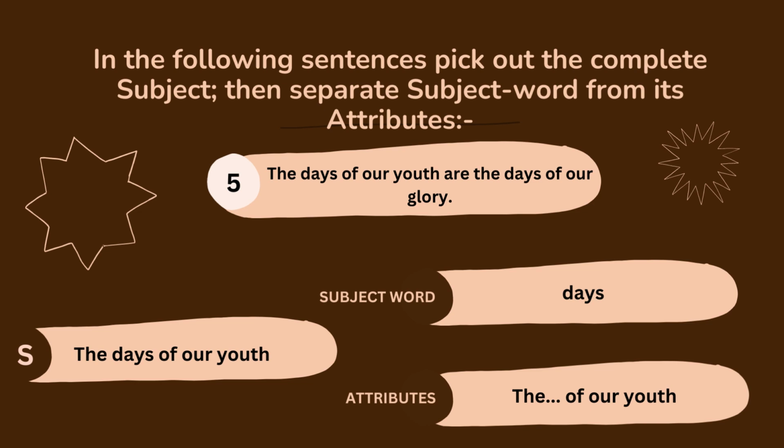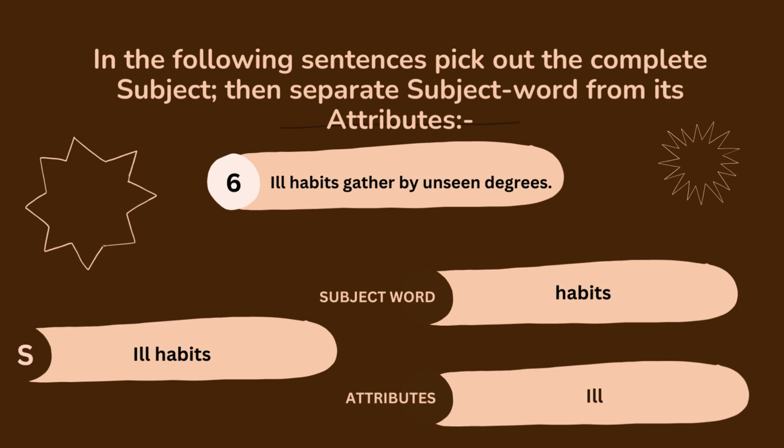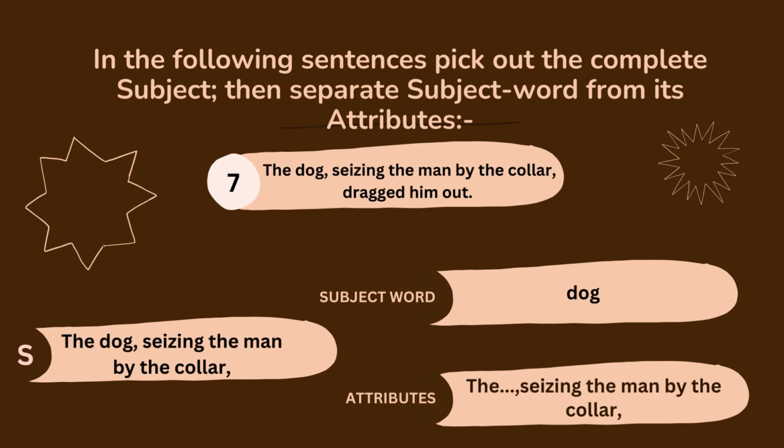The sixth sentence is: Ill habits gather by unseen degrees. The first two words are the complete subject, and we have habits as the subject word, and ill is the attribute of this subject. Number 7, the dog seizing the man by the collar dragged him out.